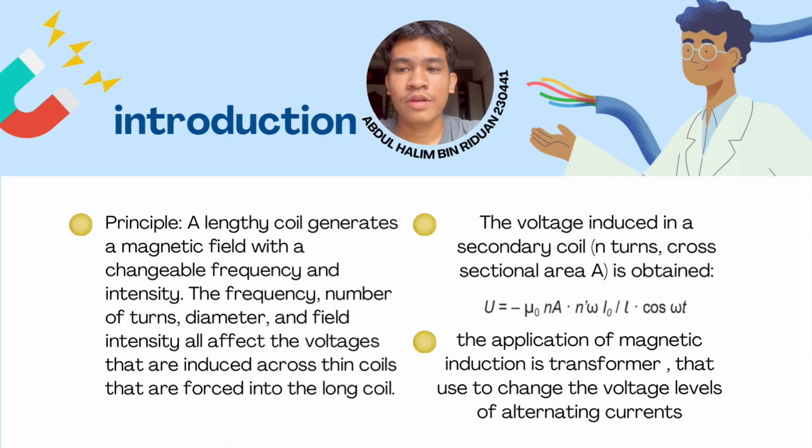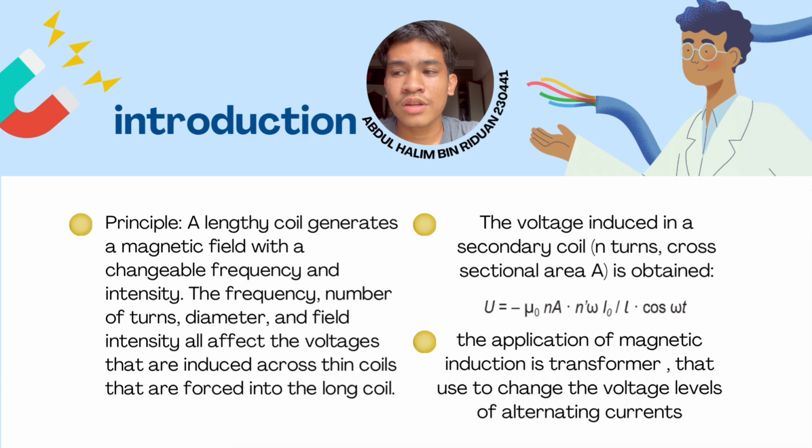Let's start with the introduction. The principle says the lifted coil generated a magnetic field with a changeable frequency and intensity. The frequency, number of turns, diameter, and the field intensity all affect the voltage that is induced across the thin coil that are forced into the long coil.